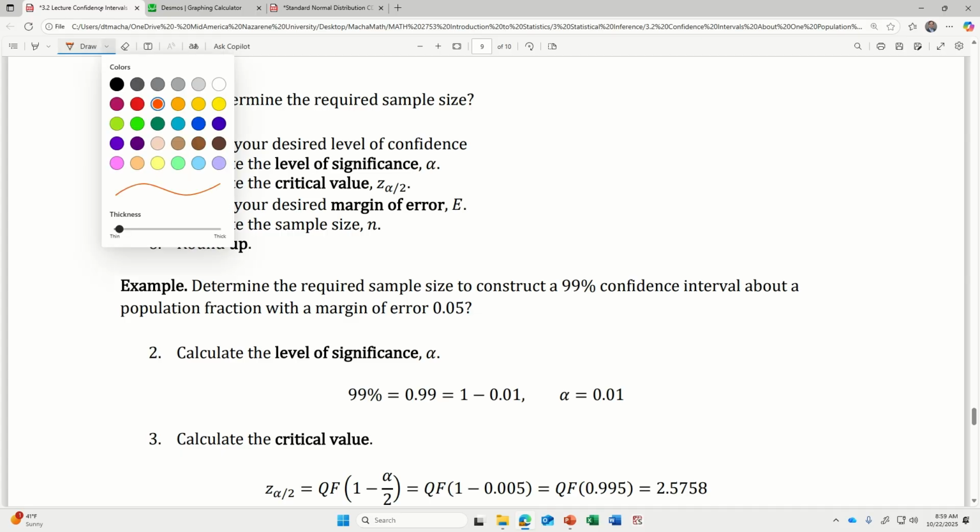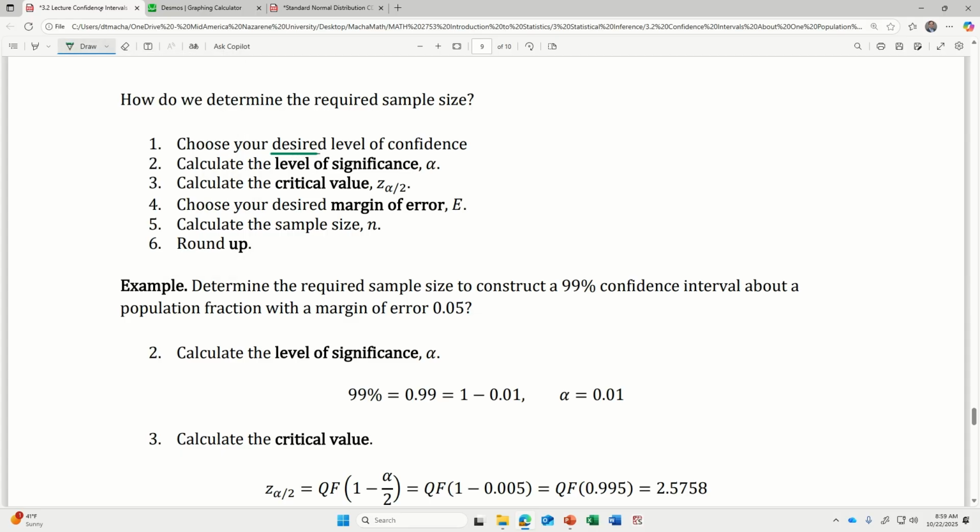Choose your desired level of confidence. How confident do you want to be in your final confidence interval? Because we could choose. We could construct a 90% confidence interval, or if we want to, we could construct a 95% confidence interval. Or if we want to, we could calculate a 99% confidence interval.